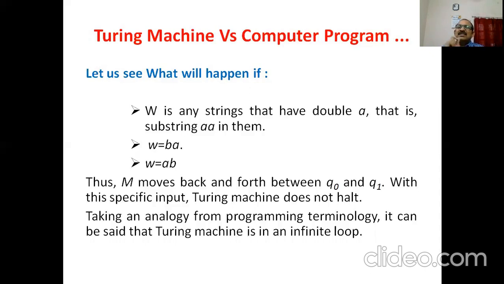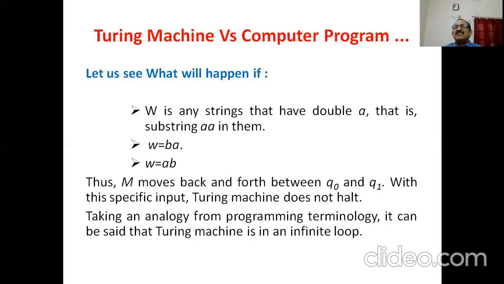Next class, reject M. It is the set of words that lead the Turing machine to a non-final state. This is the set of words rejected by the Turing machine.